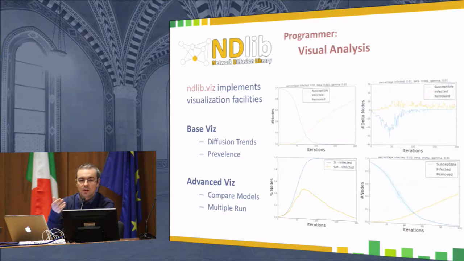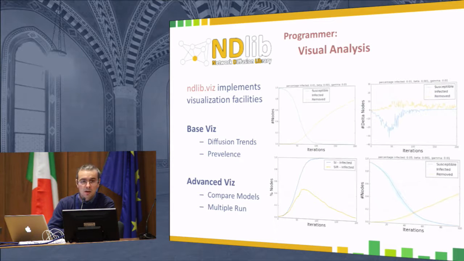Or you can have the comparison plot, so you can compare multiple simulations of multiple models in the same plot to observe, for instance, in this figure in the bottom left corner, how different models, for instance here an SIS, an SI, an SIR model, behave starting from a similar condition on a similar network over a similar number of iterations.